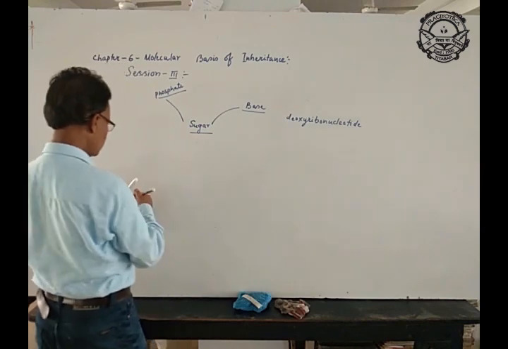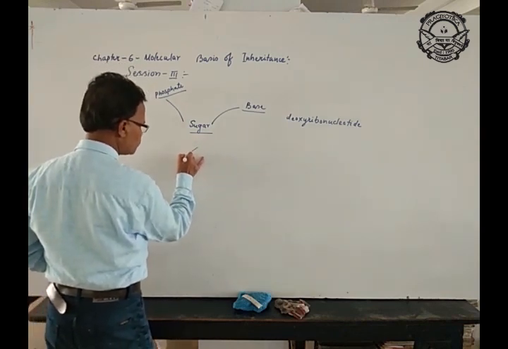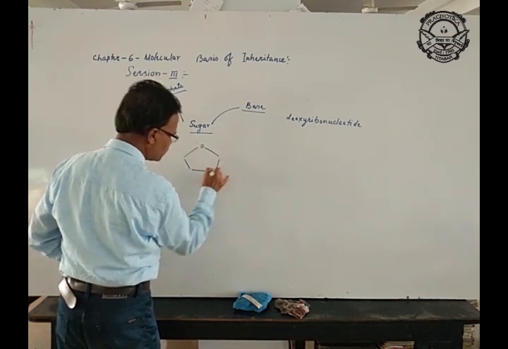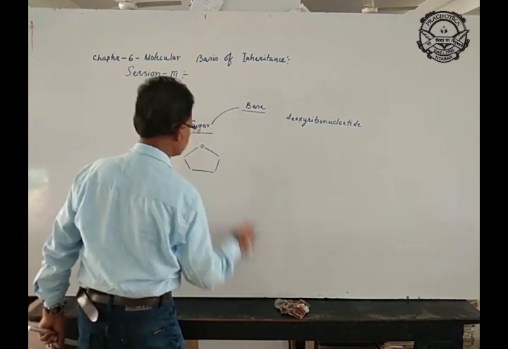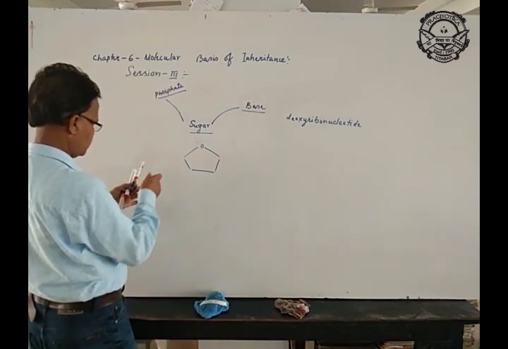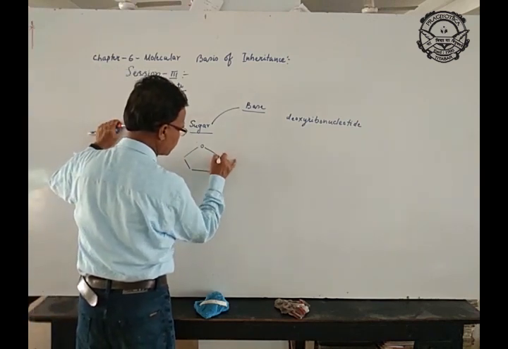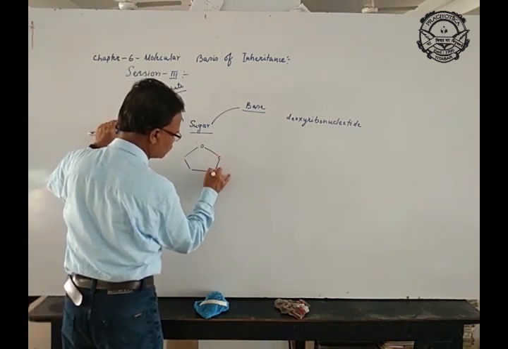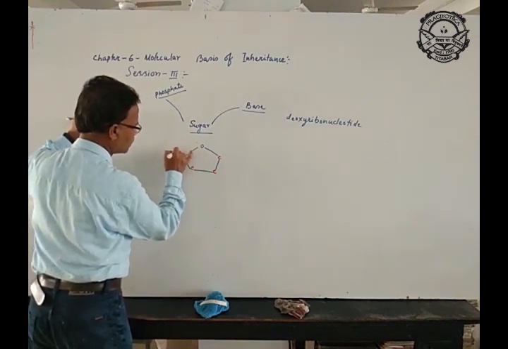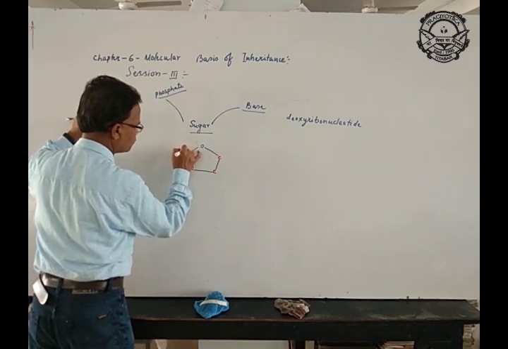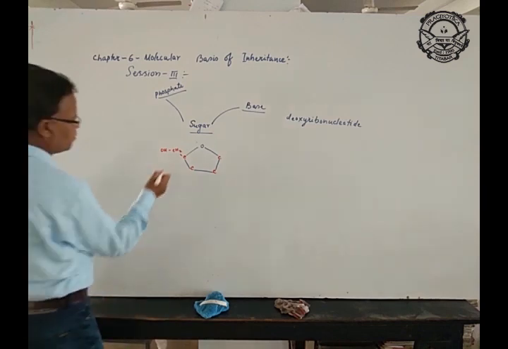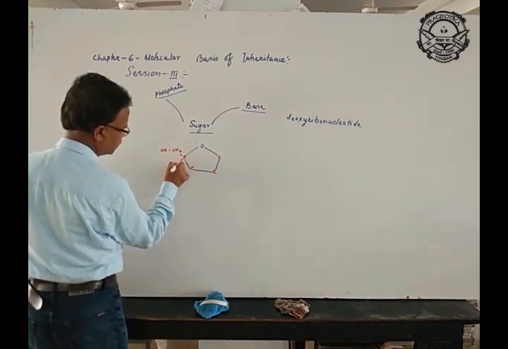then the sugar will be deoxyribose sugar. So we have drawn the structure of the deoxyribose sugar this way. This is the skeleton of the deoxyribose sugar. This is position number 1 occupied by carbon 1, position number 2 by the second carbon, then the third carbon, fourth carbon and fifth carbon. The fifth carbon contains a primary alcohol group, CH2OH, and there is also a hydrogen atom.